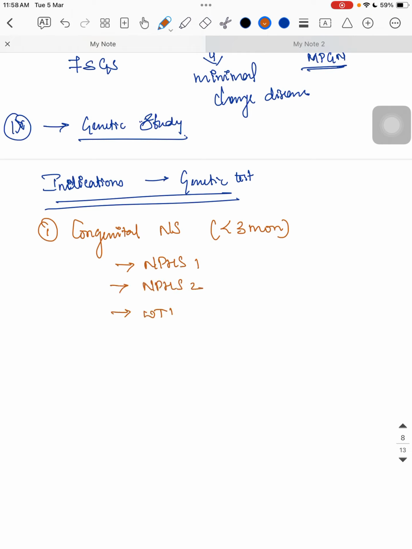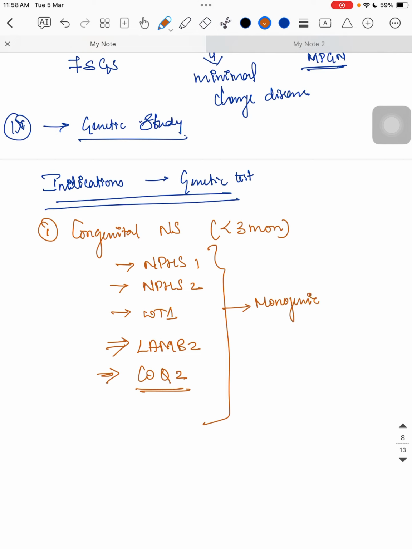Next you can find it in the WT1 gene. The syndromes associated with congenital nephrotic syndrome are Denys-Drash syndrome and Finnish type syndrome. And you can also find mutations in LAMP2, CoQ2. So these are the mutations that you can find in congenital nephrotic syndrome, and if the child has a mutation in any one of these, then you find the child to have a monogenic form of disease, or monogenic nephrotic syndrome.